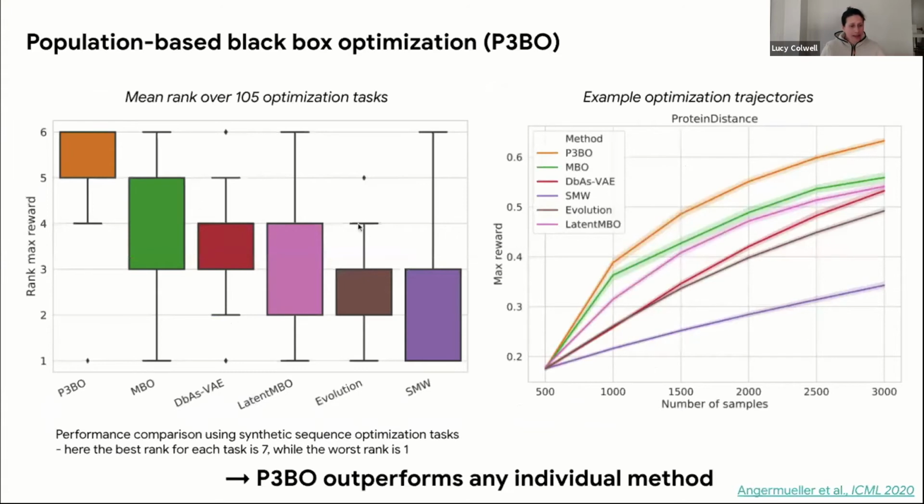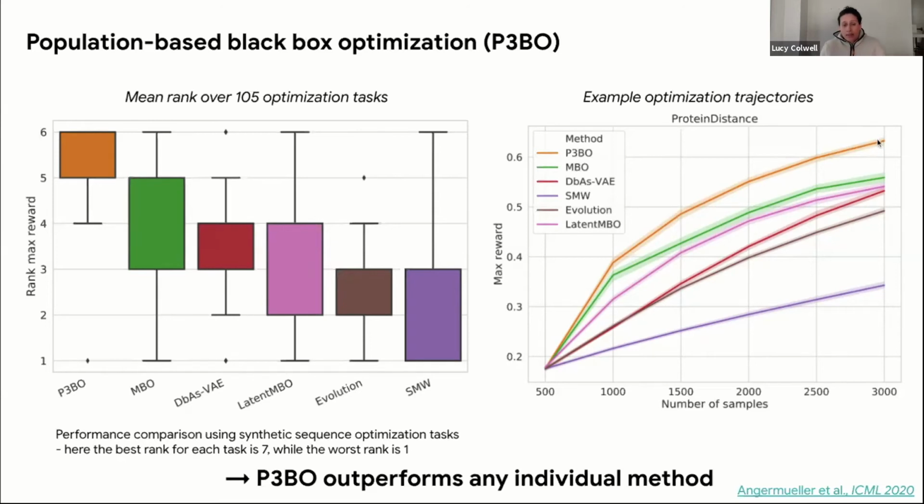And so when we did this, this is just showing rank. It's a ranking in which 6 is high and 1 is low. And we found that this P3BO method was able to consistently perform the best over 105 different tasks, whereas other methods typically didn't perform as well. And this is just showing an example optimization trajectory, where we can see that nice P3BO method really forging ahead.